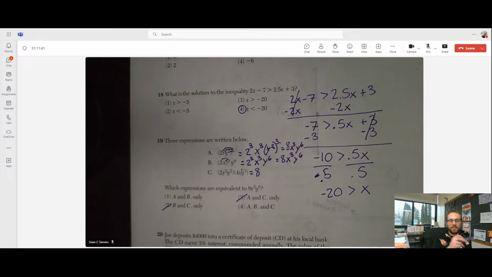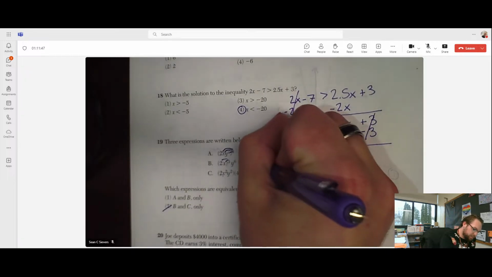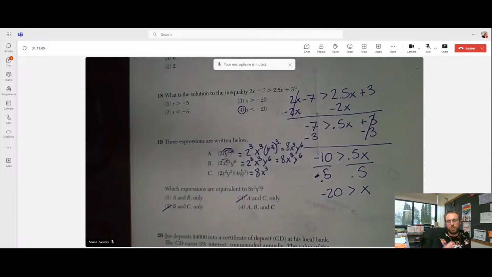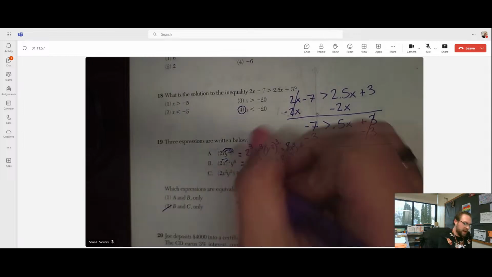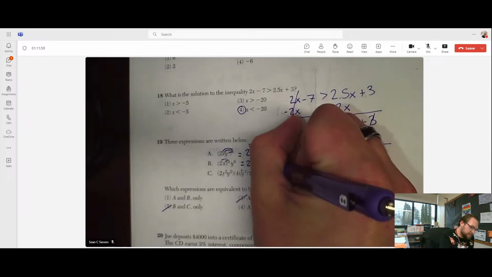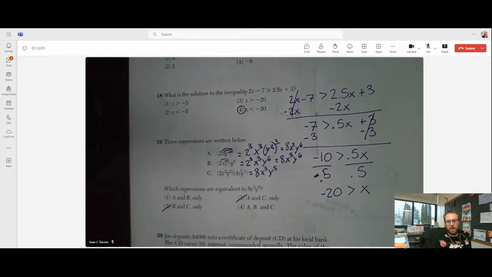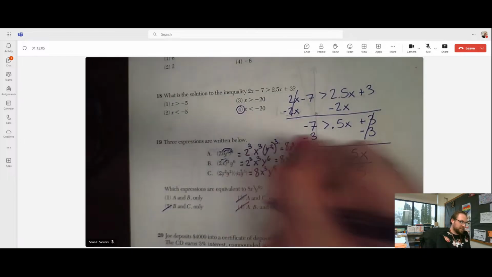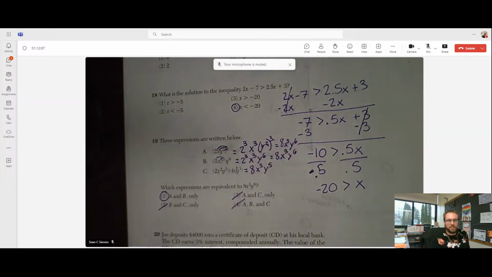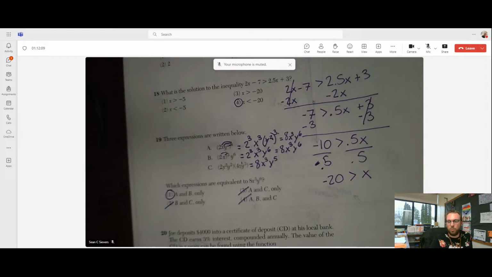So x squared times x to the first power is really going to be x cubed, because when I multiply like bases, we add the exponents, which means y squared times y to the third power is going to be y to the 5th power, which is not what we're looking for. So it can't be C, which means that our answer choice is number 1.